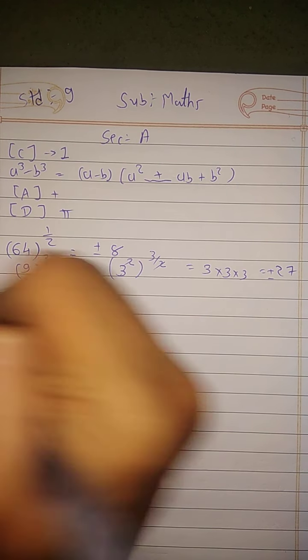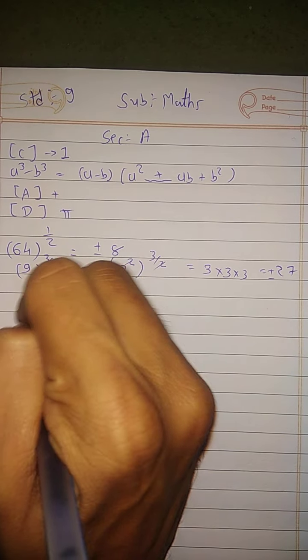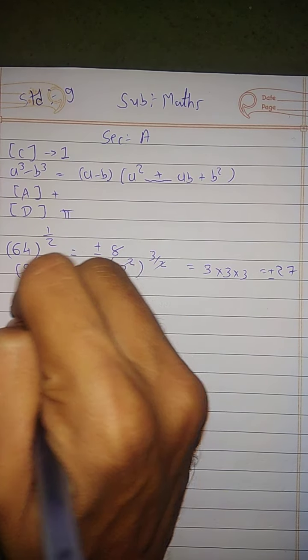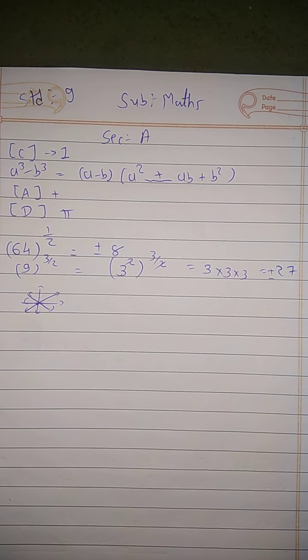After that, question number 6, true false. Two lines can pass through a single point. Through a single point we can pass an infinite number of lines. Not only two lines, but an infinite number of lines we can pass through a single point.